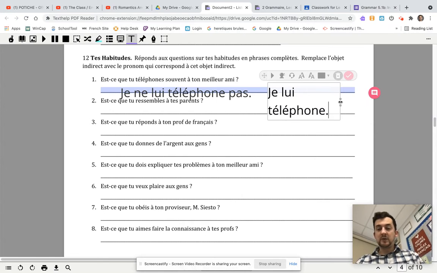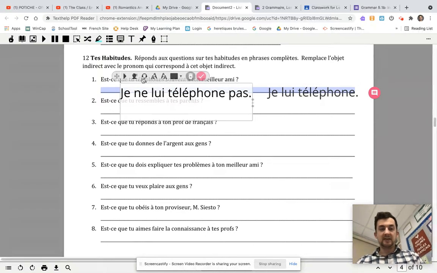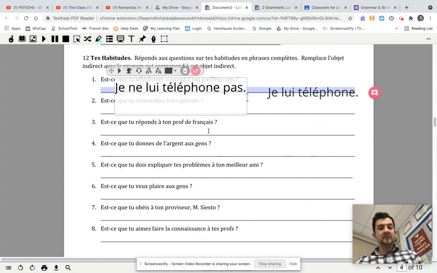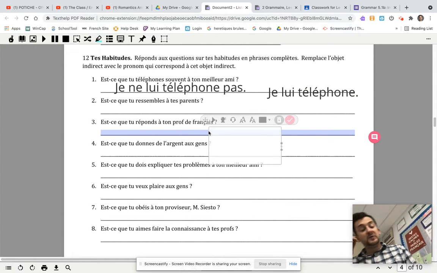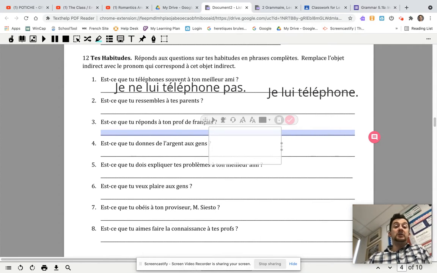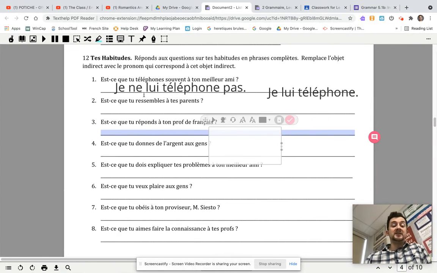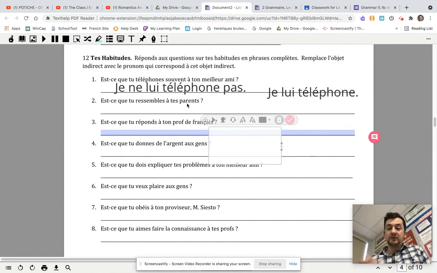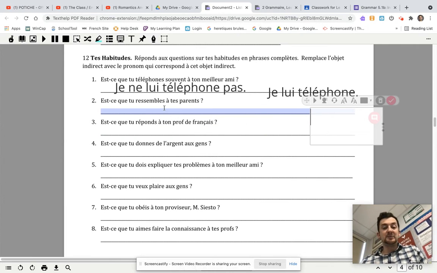Let me just look over the questions real quick. I can give you a little translation if you need. So, number 2, do you resemble to your parents? In other words, do you look like your parents? And notice in French they say, do you resemble to? So, je leur ressemble or je ne leur ressemble pas. Number 3, do you respond to your French teacher?